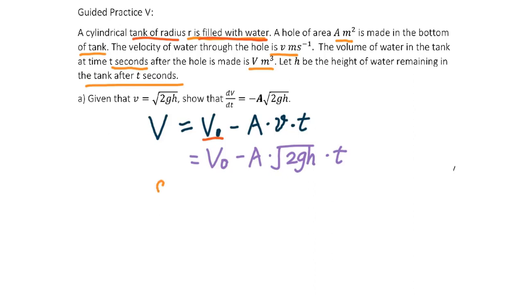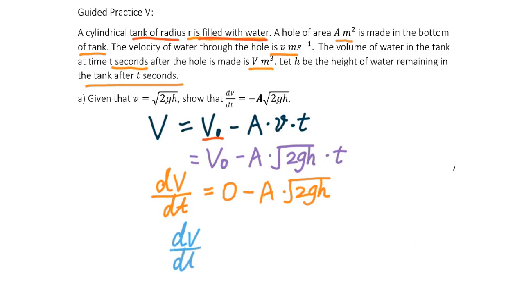Then we do the derivative. dV/dt equals 0, because V0 is the original volume of the tank and is constant, minus a times square root of 2gh. We organize, and you will get dV/dt equals negative a times square root of 2gh.